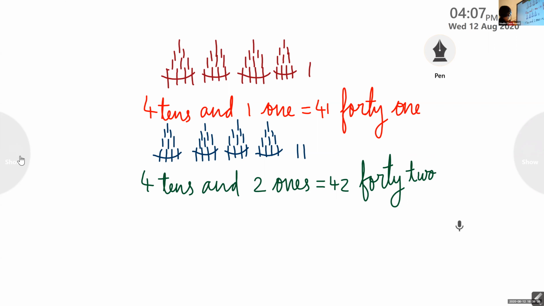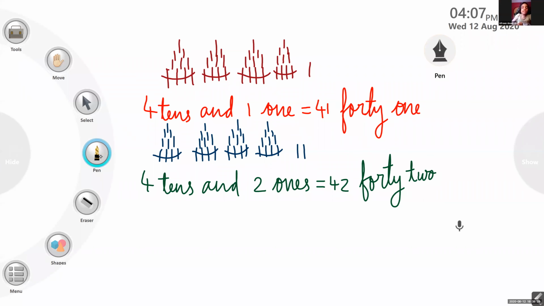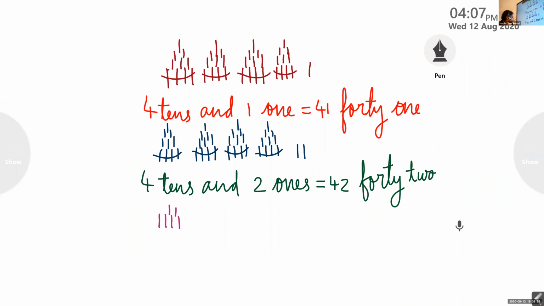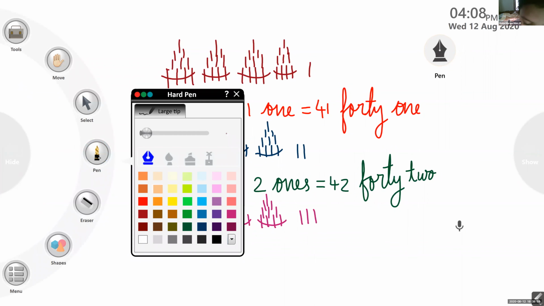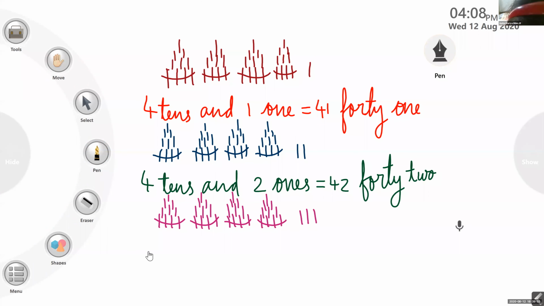So we can draw 4 bundles of 10, and we have 3 ones. So we can write 4 tens and 3 ones.